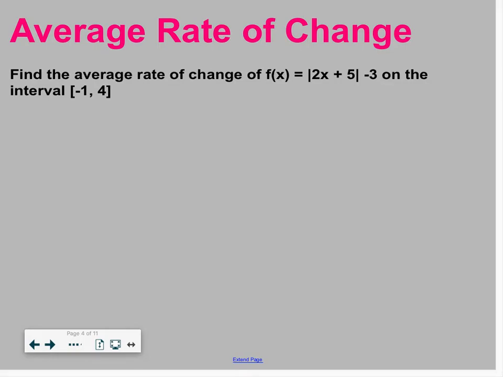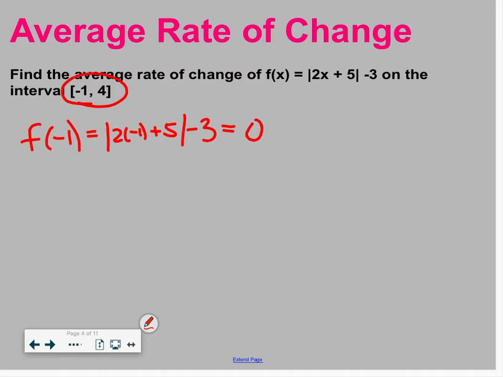Like, yeah, see, this is an interval. This is an interval from x equals negative 1 to x equals 4. Okay? So our interval means those are the x values that we're stretching across. So f of negative 1, what do we get? 0? Okay. F of 4, we get.